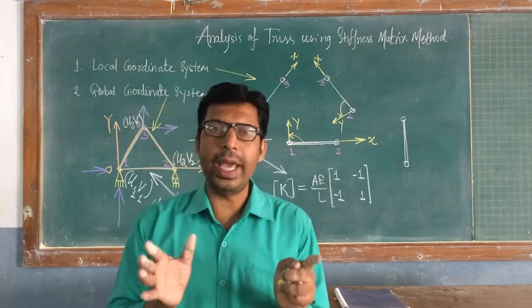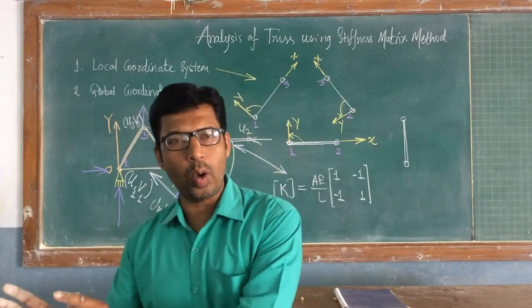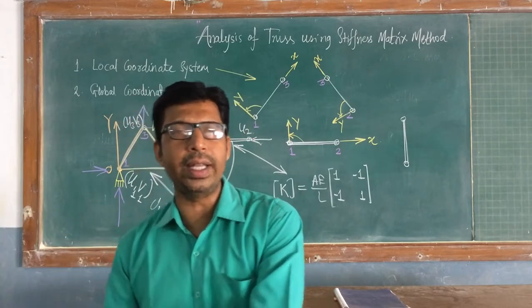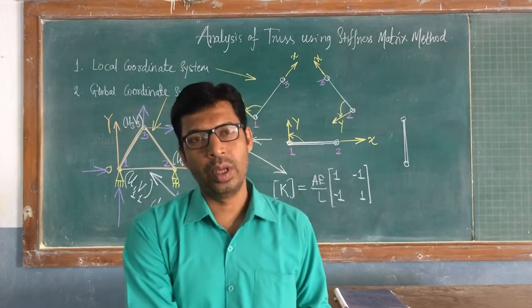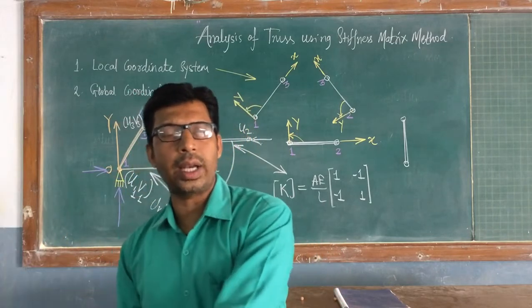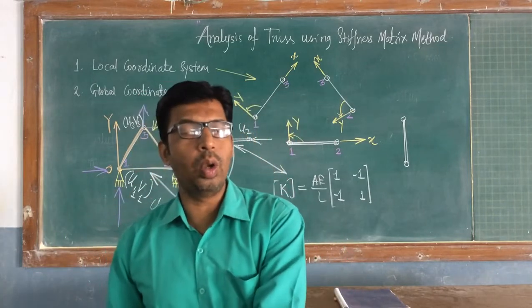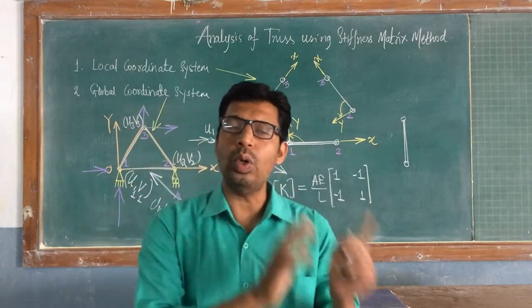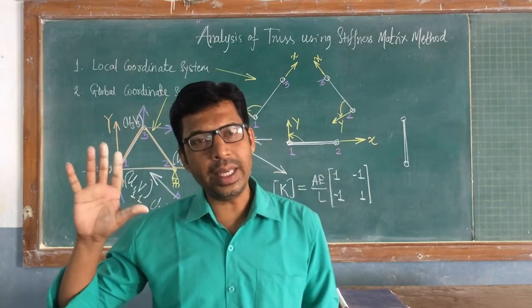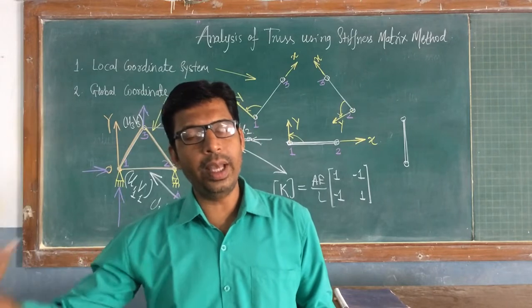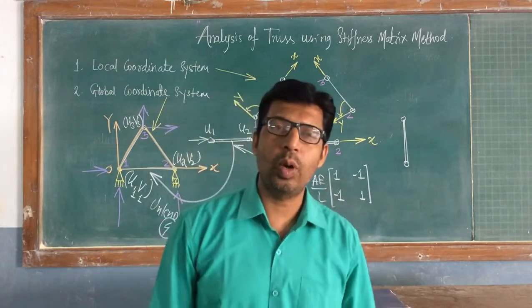So this change is from local to global. An individual bar is in a local coordinate system, but the same bar when it is used in the truss is converted into the global coordinate system. So again, local unknowns are transferred into global unknowns, and the local stiffness matrix is transferred into the global stiffness matrix. In local, everything is nothing but bar. But when that bar is used in the truss, everything is converted into the global coordinate system.